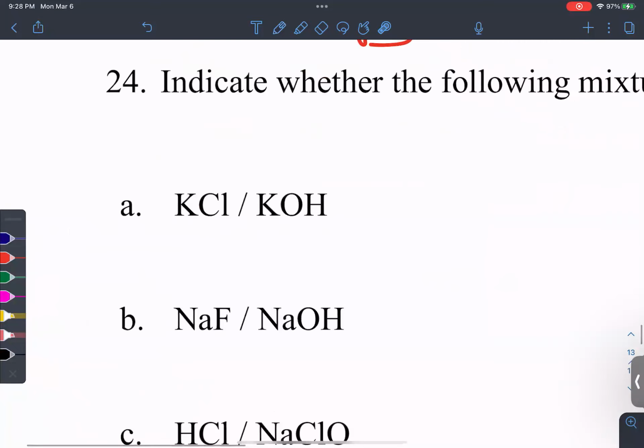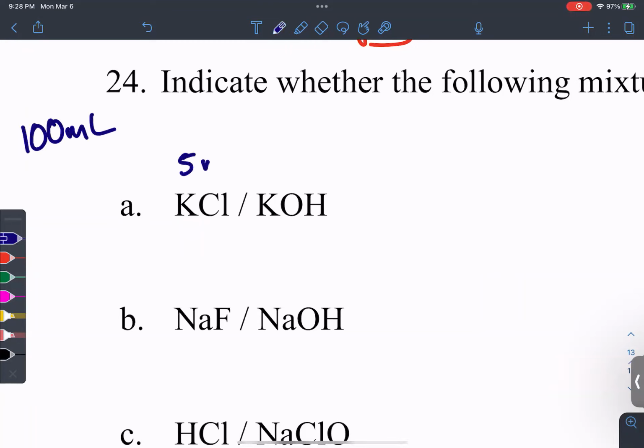So KCl, what is that? That's a salt. What kind of salt? Neutral. Okay, that's a neutral salt. What's KOH? That's a strong base. Could that ever make a buffer? No, we need something that's weak in there in order for it to be a buffer. So let's say all of these things are in 100 milliliters.